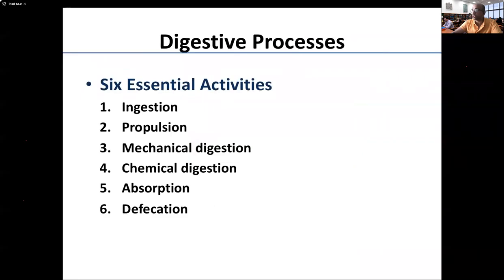So again, what we are discussing here are the 6 essential activities performed by the digestive system, marked by the numbers. So again, I start by ingestion, propulsion. I will be performing mechanical digestion. I will break down the food into smaller pieces, and I will break down the food on a chemical level for me to reach the nutrients I'm able to absorb.